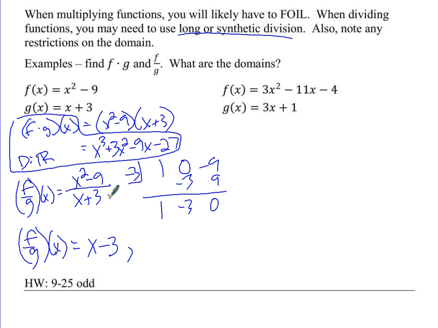If x is negative 3, then I wind up with 0 in the denominator. And I can't have that. So I have to say x not equal to negative 3. This is the domain right here. It's all real numbers except for x when it's negative 3. So I have to say that. This is the correct answer here. All of that, including that little domain thing.